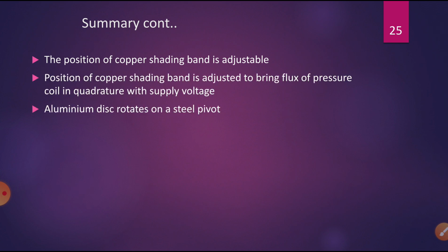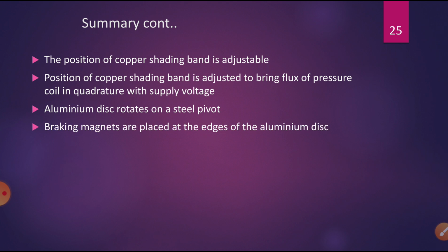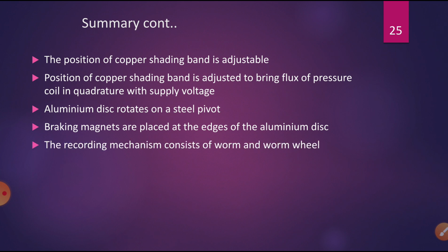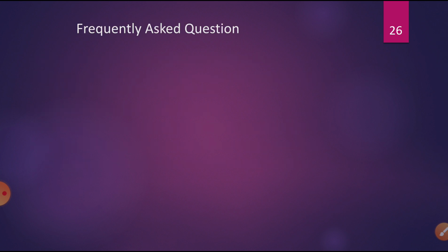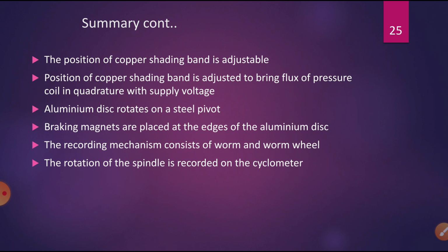The aluminum disc rotates on a steel pivot. The braking magnets are placed at the edge of the aluminum disc. The recording mechanism consists of a worm and worm wheel. The rotation of the spindle is recorded on the cyclometer. So these are some topics regarding the single phase induction energy meter.